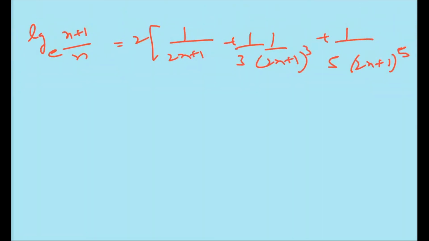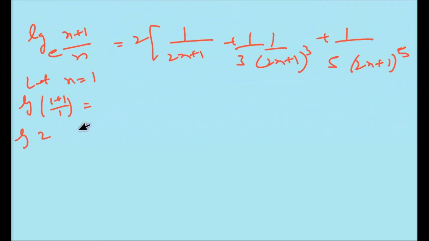Okay, so if we want to put a value here, you can see, let n equal 1. So we get (1 plus 1) upon 1 on the left side, that is log 2.